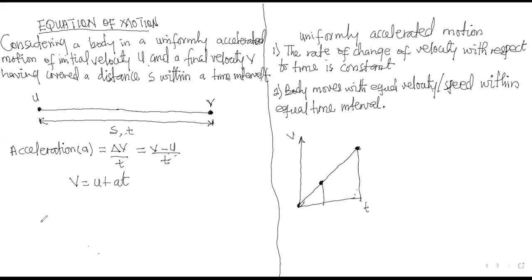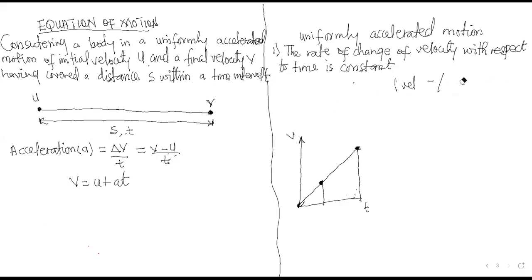Can't you derive this, class? Can't you? Oh, you mean you can't derive? Okay, so let's look at how to derive the second and then the third equation of motion.